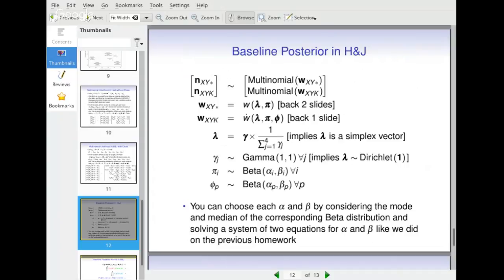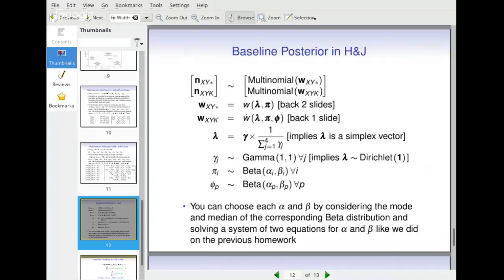Okay, what's w? Well, all the w's are a function of lambda and pi, or maybe lambda, pi, and phi, that were given on the previous 2 slides. Okay, so we've accounted for the w's, but the w's involve the unknown lambdas, pi's, and possibly phi's. So we need a prior expressing our beliefs on each of those.